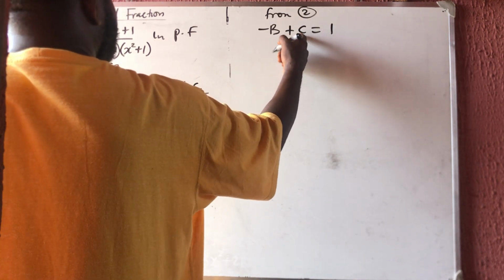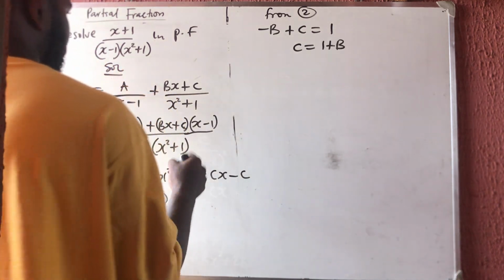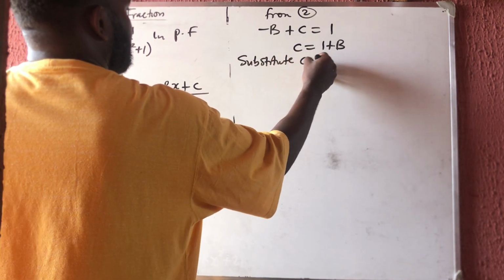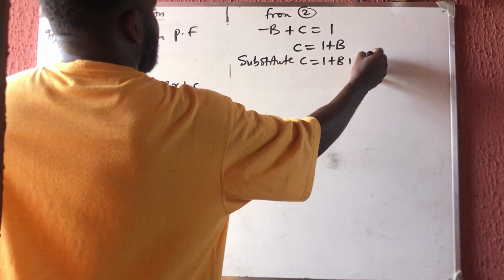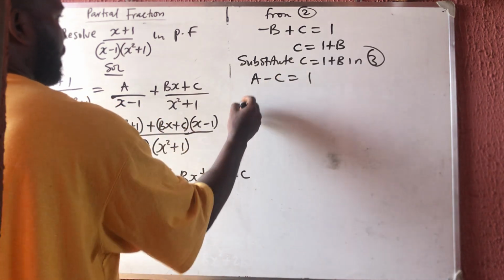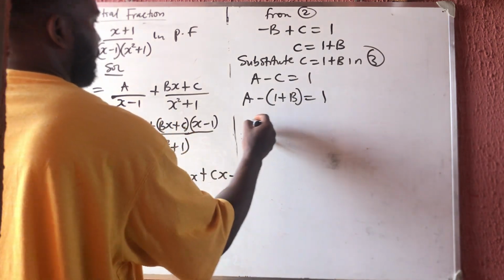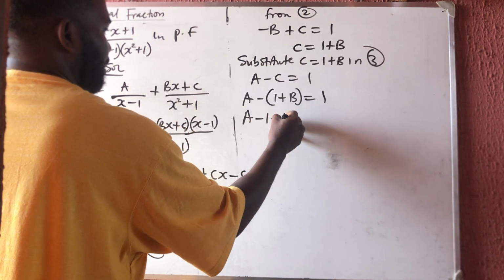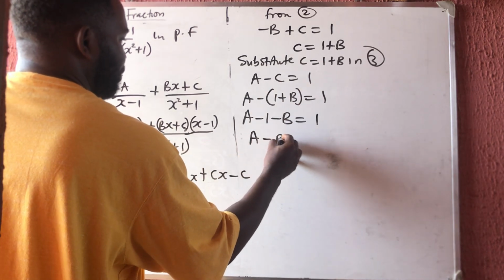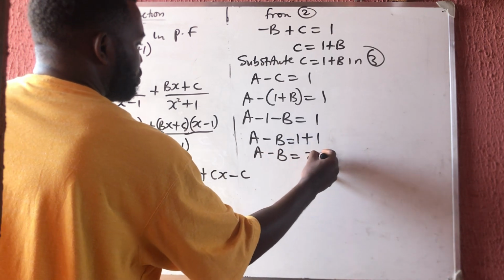So C will now be 1 plus B. Substitute C equals 1 plus B in equation 3, which said that A minus C is equal to 1. So A minus (1 plus B) is equal to 1. So A minus 1 minus B is equal to 1. Moving the 1 here, A minus B is equal to 1 plus 1. So A minus B is equal to 2.